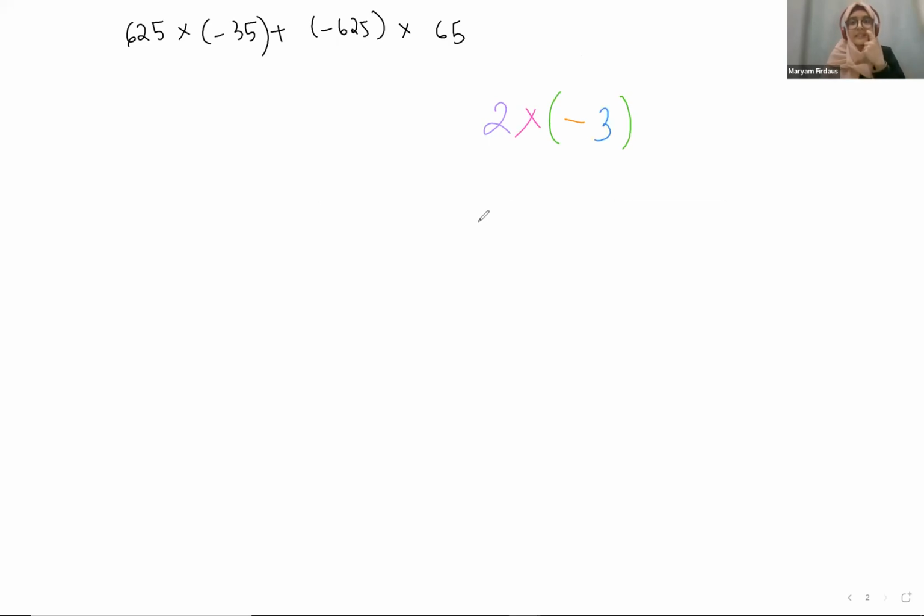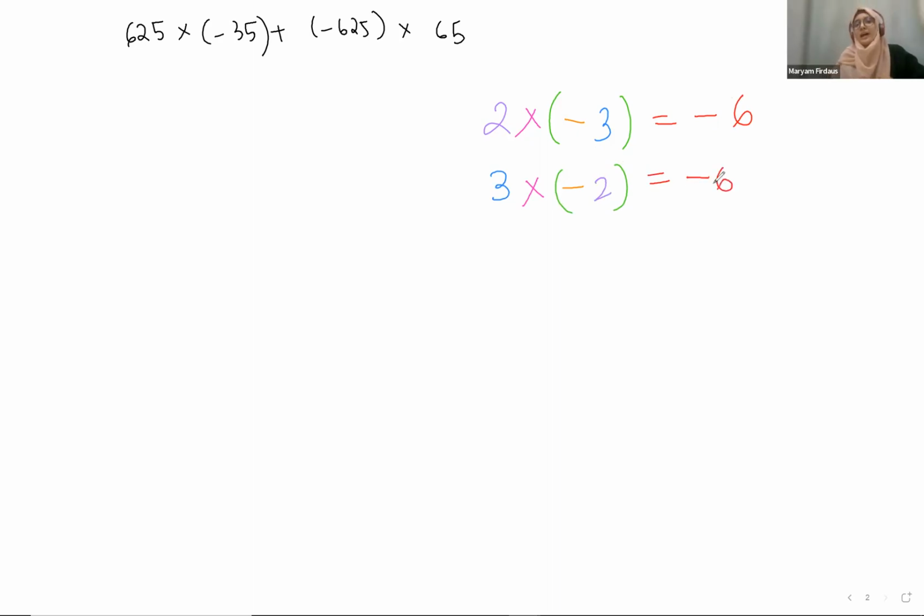You said the answer is negative 6, right? Now, Hiba, what if I interchange them? What is 3 multiplied by negative 2? Minus 6.